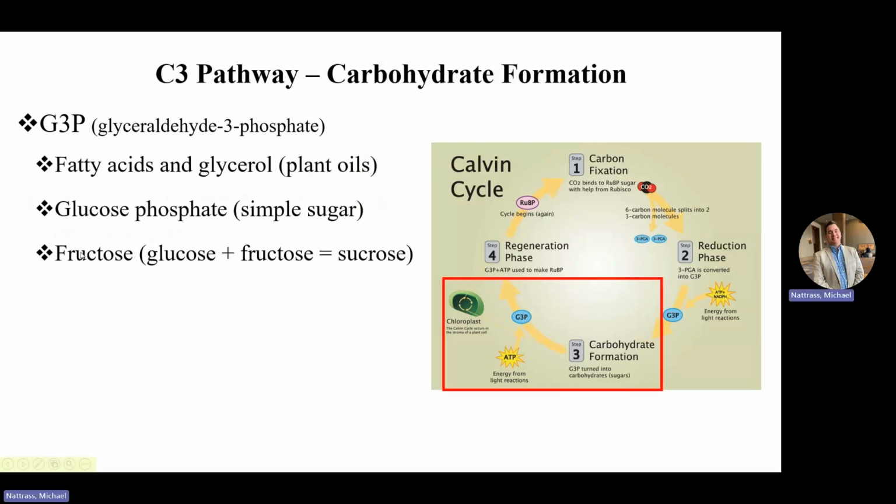We can make fructose, and then glucose plus fructose equals sucrose. This is some biochemistry stuff, not necessarily that you need to understand or know. For the most part, we know we're going to make glucose. Next, we have starch and cellulose and other amino acids.